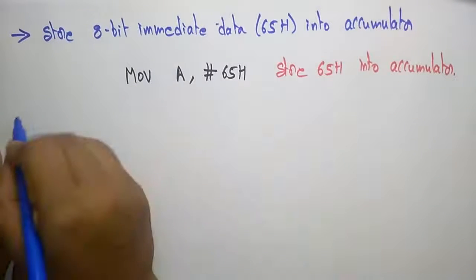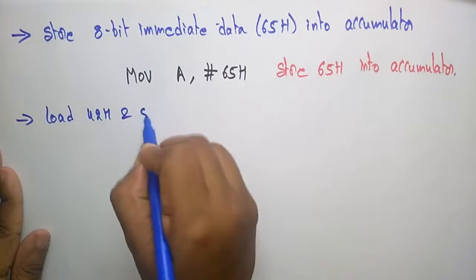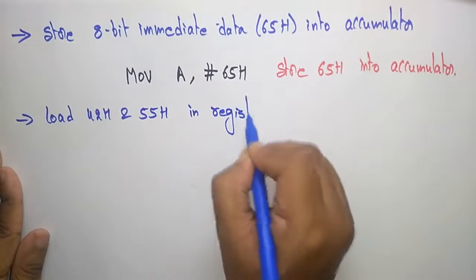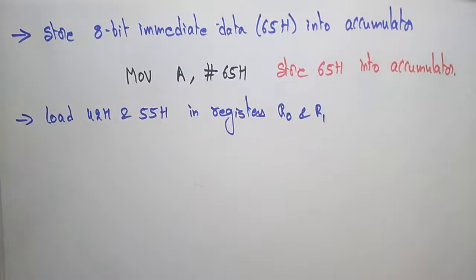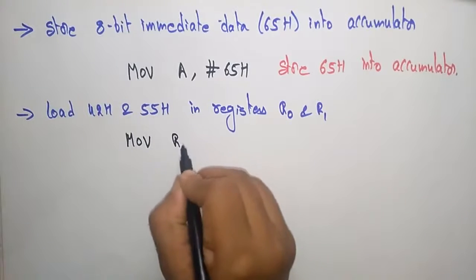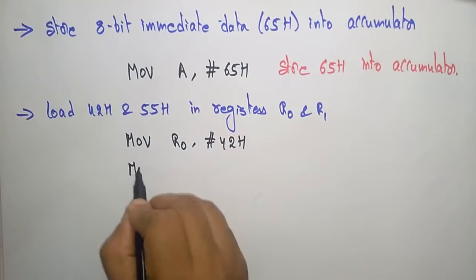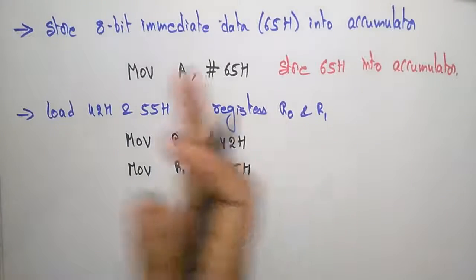Let's take, if you want to load 42H and 55H into registers R0 and R1 respectively. How do you load the values 42 and 55 into the R0 and R1 registers? For that, you need to write the syntax MOV R0, #42H, MOV R1, #55H.